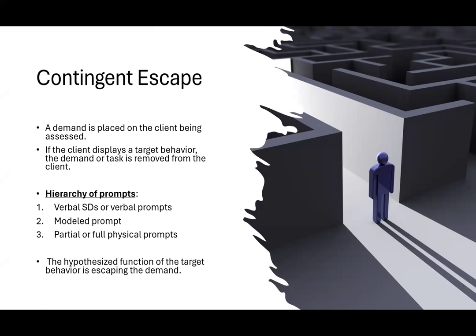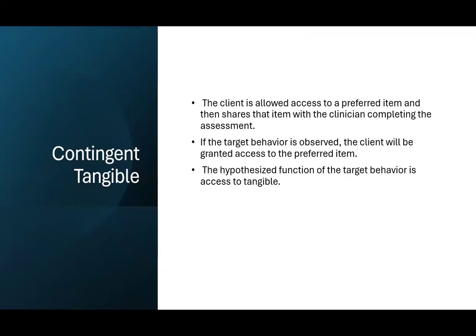The consequence, if the target behavior is observed, is to allow the client to escape the demand, with the clinician removing the task or no longer placing demands on the client. At times, clinicians will state "all done" to the client to terminate the activity. This condition helps with determining if the target behavior is maintained by escaping the demand.